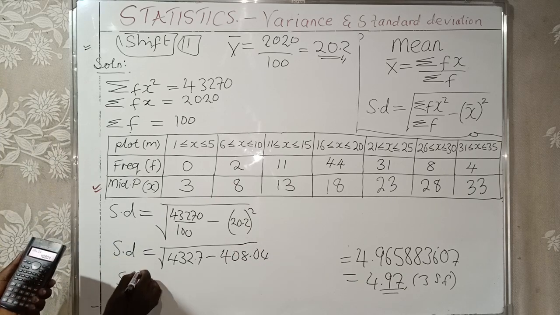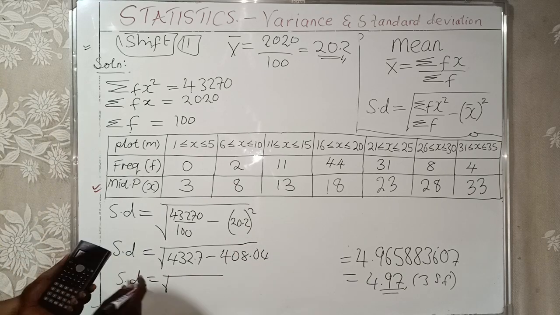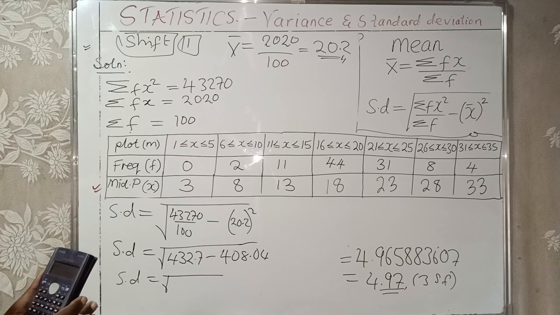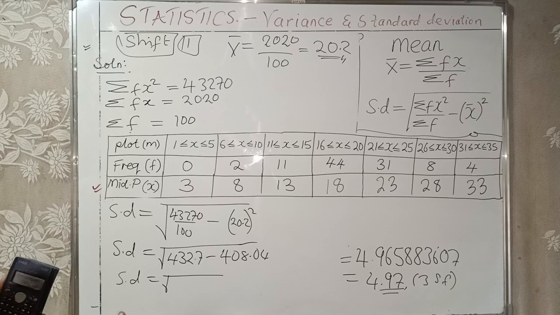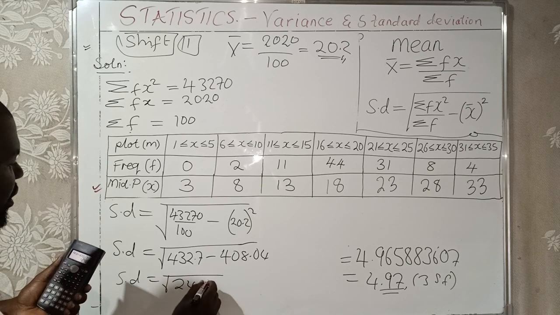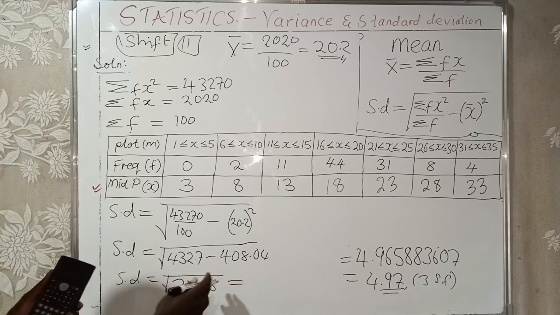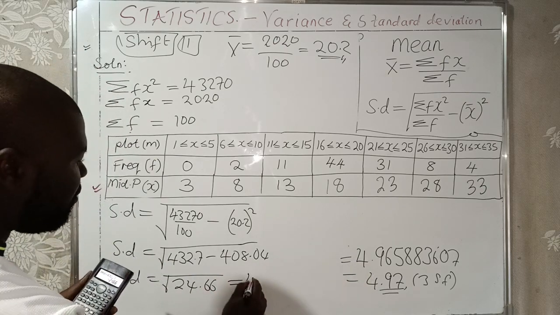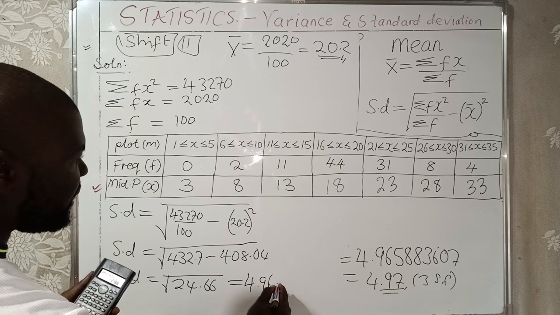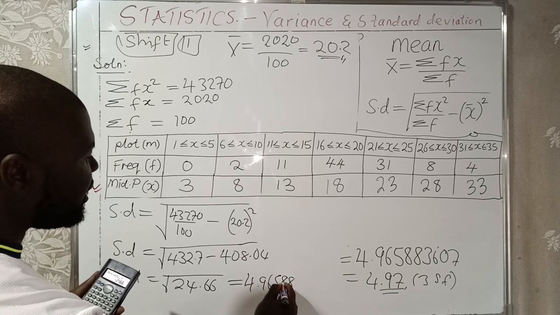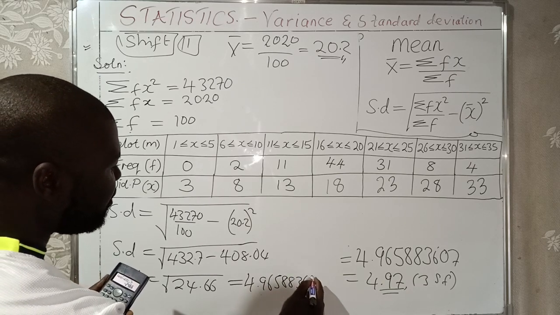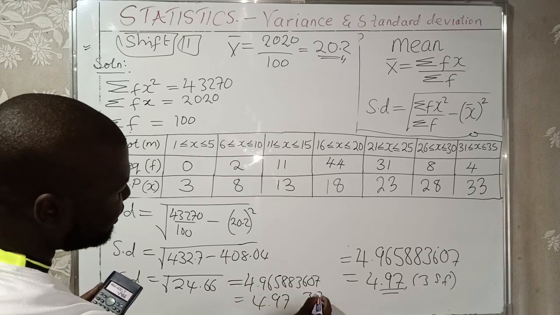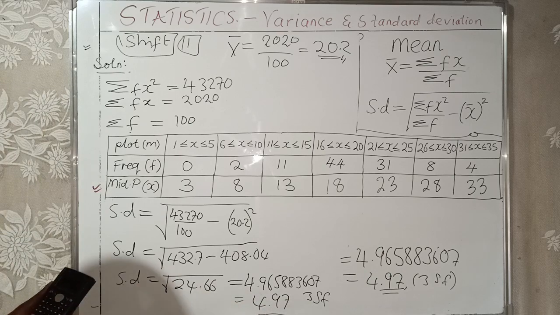Okay, so basically, when you subtract those two, you are getting 24.66. And when you get the square root, you get this 4.965883607, which is 4.97 to 3 significant figures.